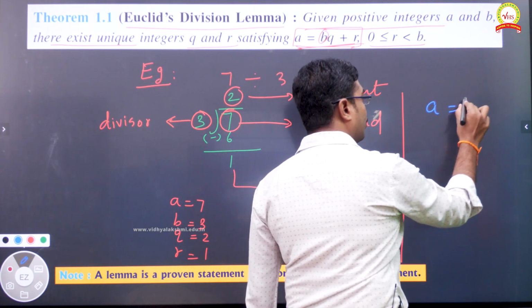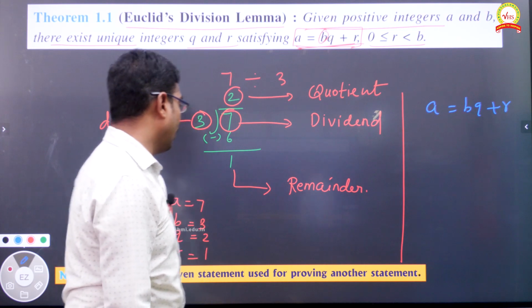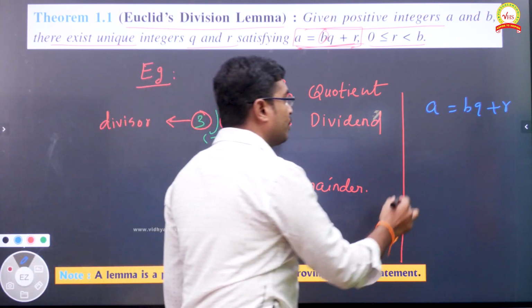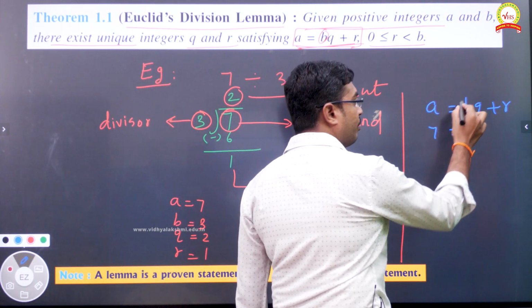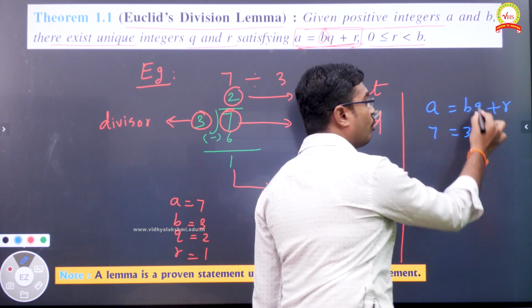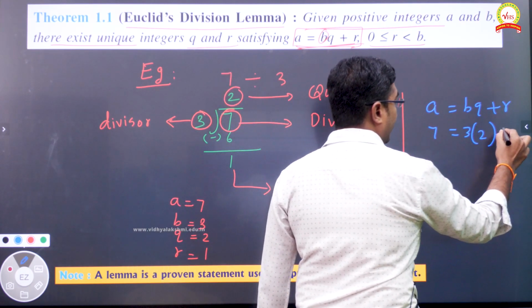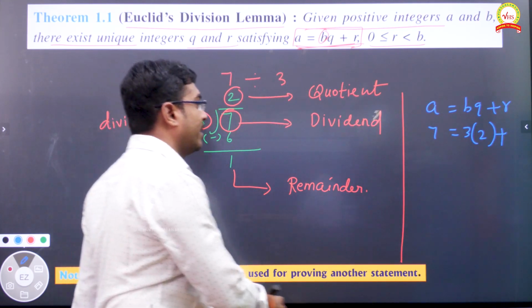So, I am going to apply here a equals bq plus r. This is the theorem. Yes or no? So, substitute here a equals 7 and b is 3, into quotient. What is the quotient? Quotient is 2, plus remainder is 1.